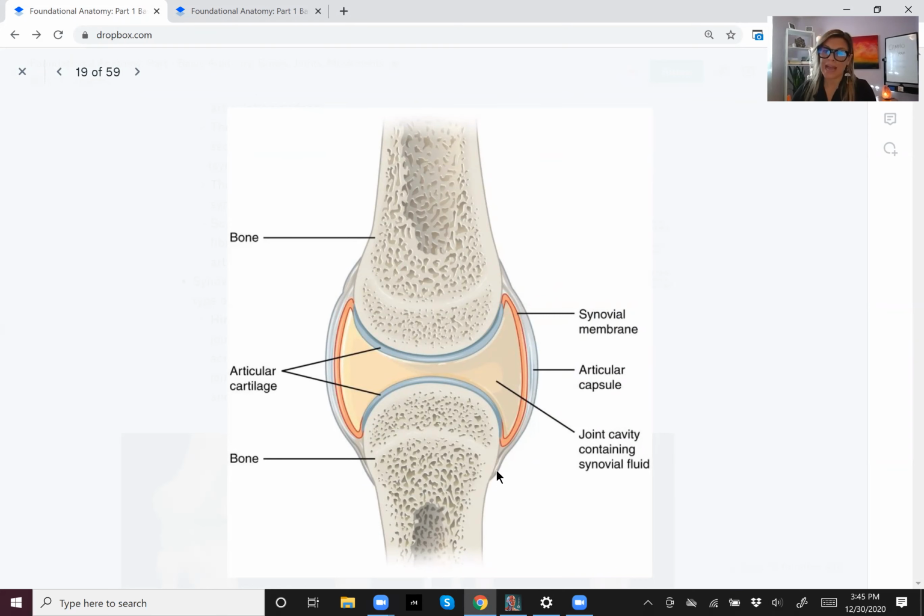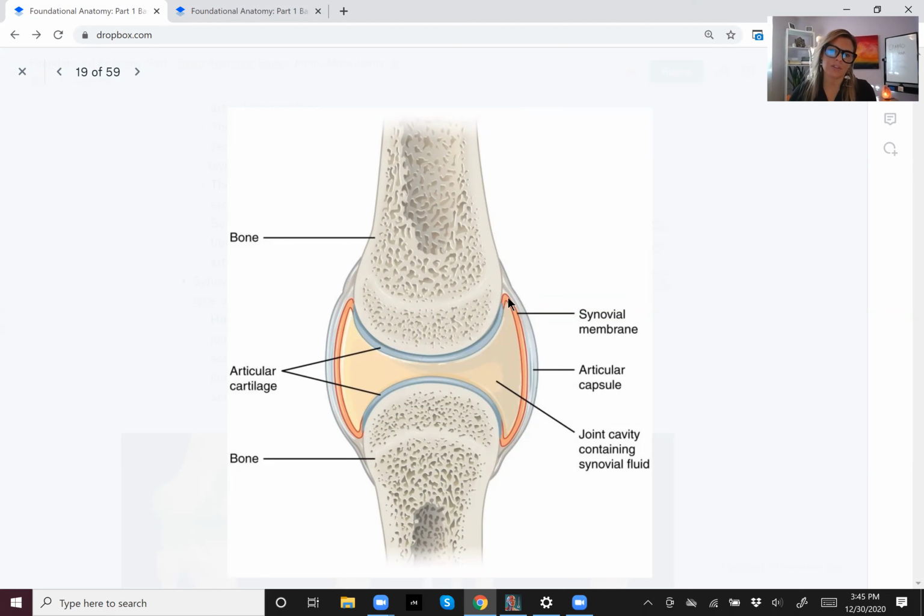So the outer portion of the joint capsule is made up of that articular or hyaline cartilage that we talked about. Remember, the cartilage that covers the ends of the bones. So you can see here we'll just pretend that this is the femur and then this is the tibia. So we'll say this is the knee joint. So there's this outer articular capsule that encases the entire joint.